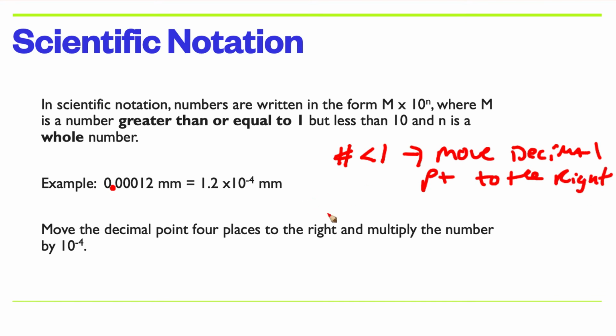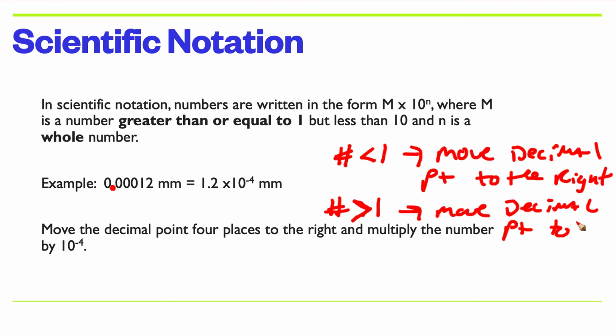And if we have a number greater than 1, we're going to move our decimal point to the left, and we're going to put it in front of the first non-zero digit.